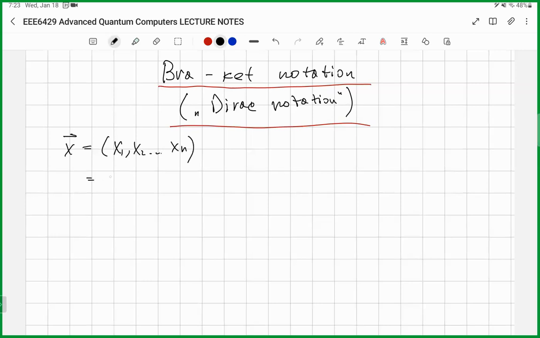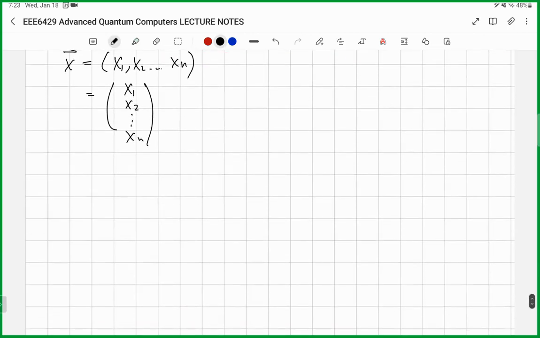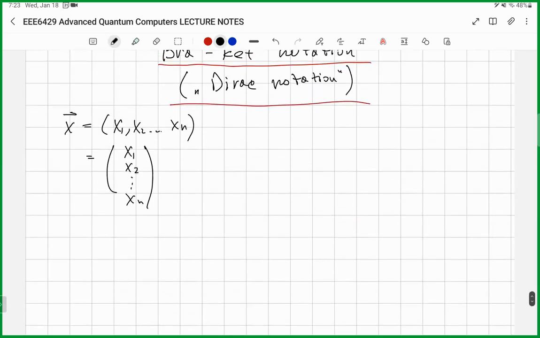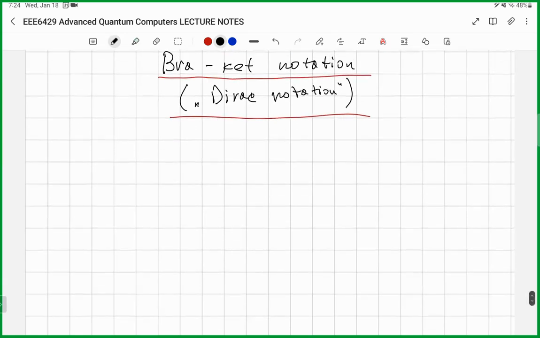We can write the same as a column of the same components, right? And to make it more unified, we can do the same using this bra and ket notation.